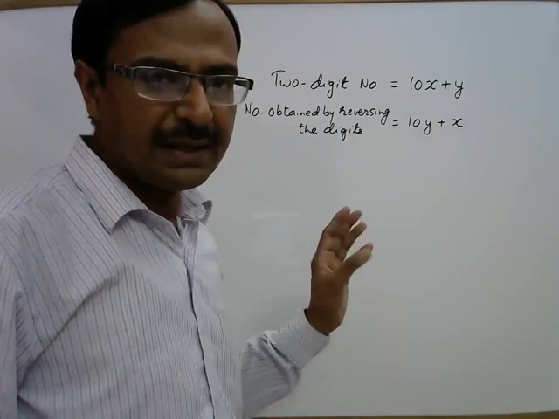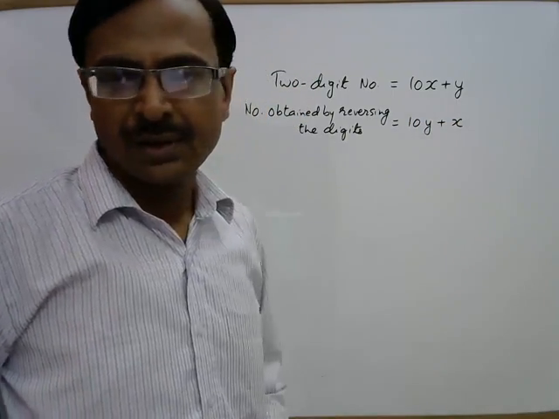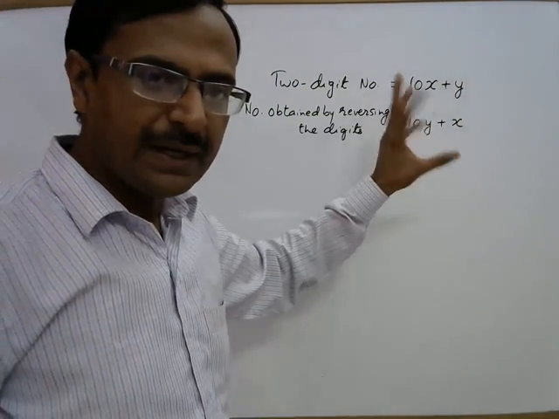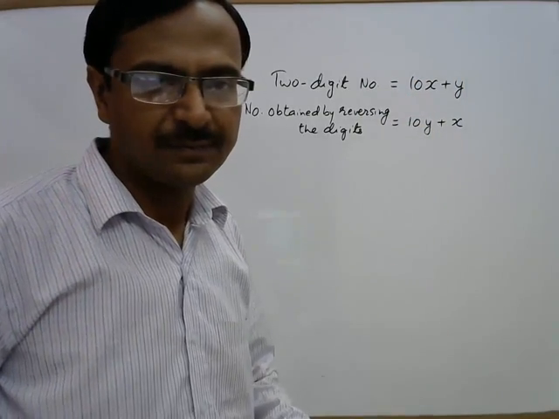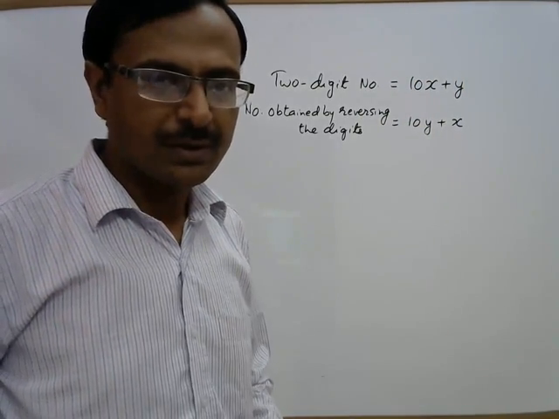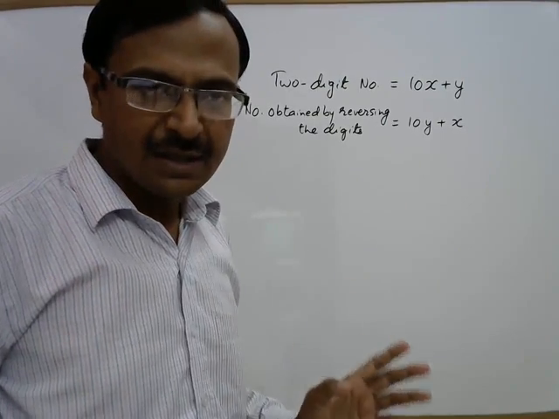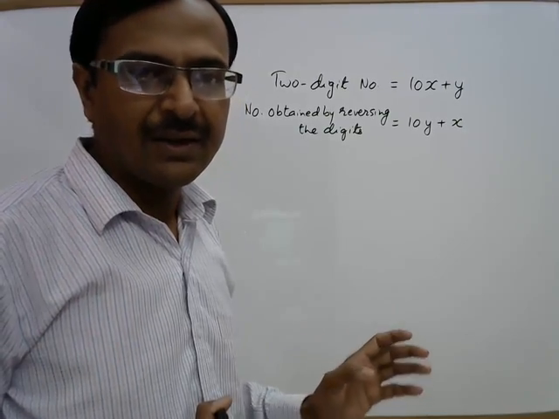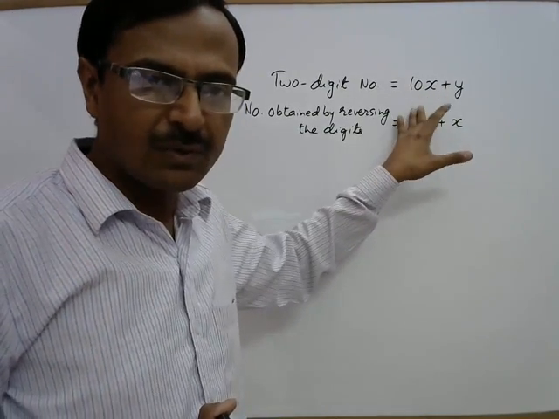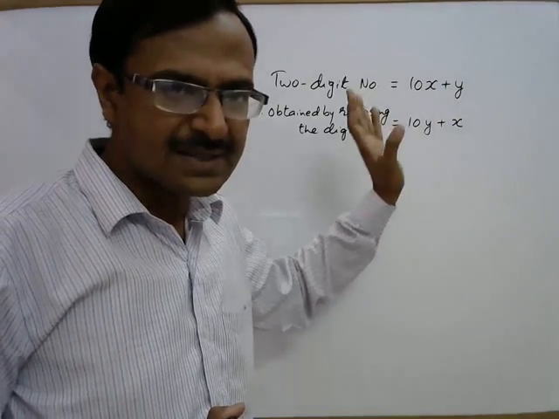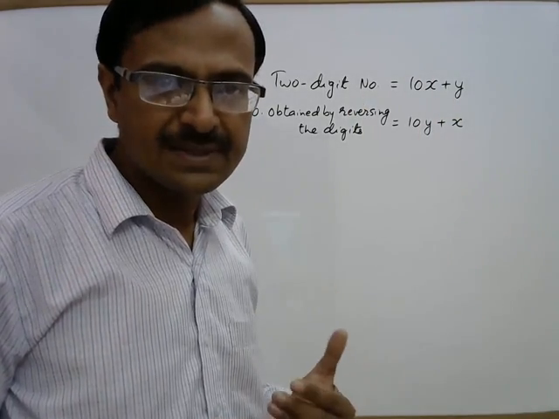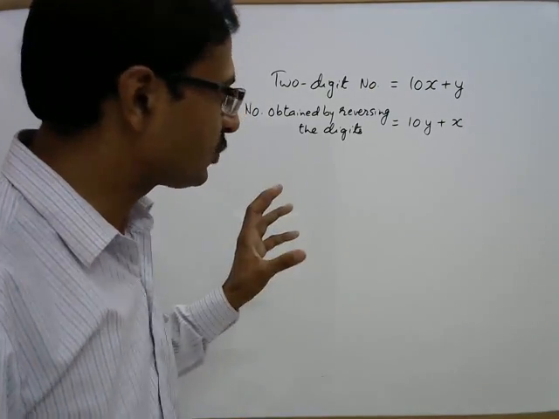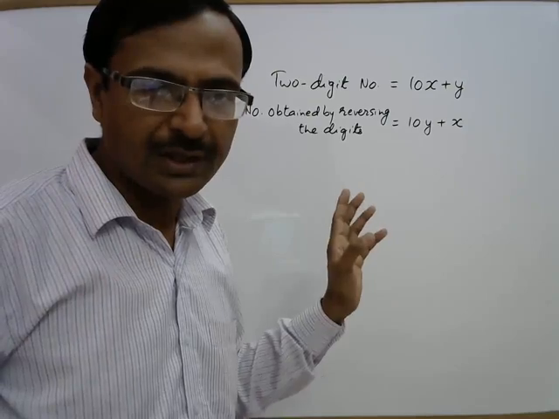Just note here that 10 does not change, only the digits x and y have now interchanged the places. So whenever in question you are given that there is a number obtained by reversing the order of the digits, then the number which we have assumed, that is 10x plus y, becomes 10y plus x. So this is something you have to remember. This is the second important thing.